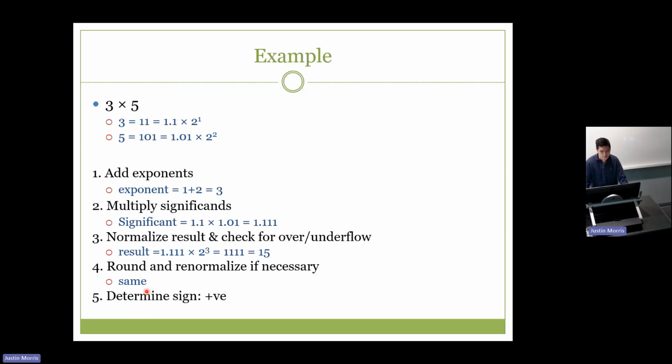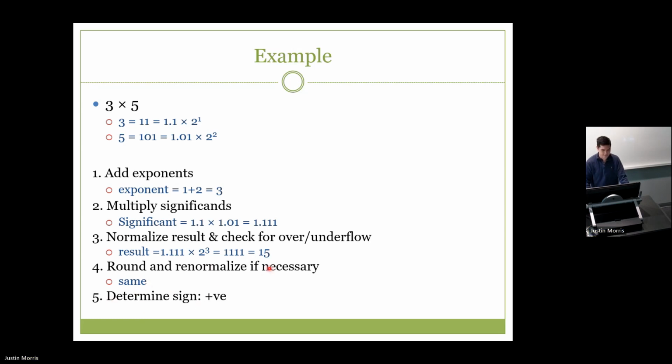If you were limiting yourself to a certain bit width, like if you only wanted to store 2 bits of mantissa, then you would have to round. And then your answer would change and your exponent would change, right? But in this case, we're not limiting ourselves. We're doing it by hand. We don't have specific hardware for this. And then we just determine the sign.